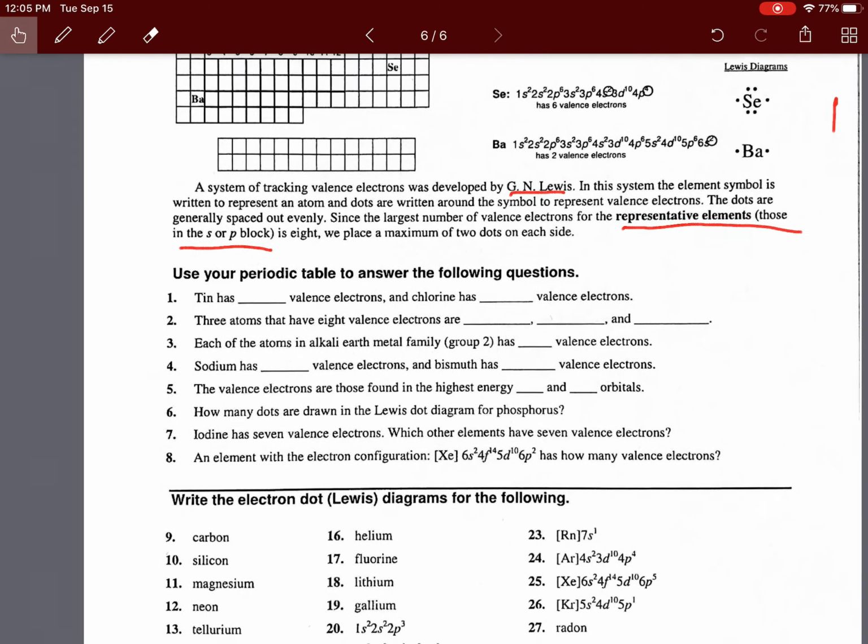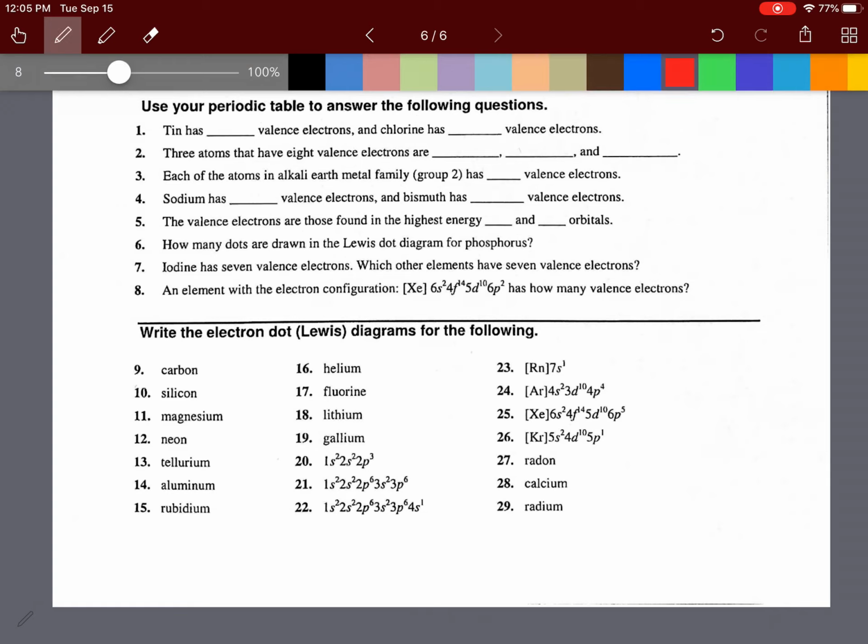You can answer these questions on your own, but you're going to write Lewis dot structures for the following. I like that you're given some electron configurations. For example, number 25. I have to get my periodic table. Now that I have my periodic table, I look for the valence electrons first.